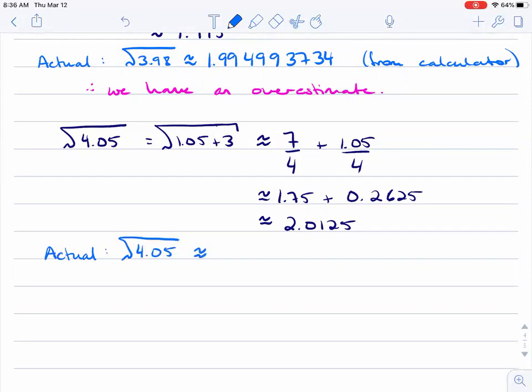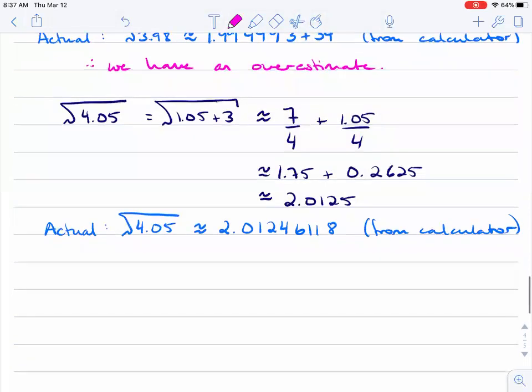The root of 4.05 on our calculator is roughly 2.012461118 from calculator. So again, it makes sense that we would consistently have an overestimate in this case, right? But again, therefore, we have an overestimate.